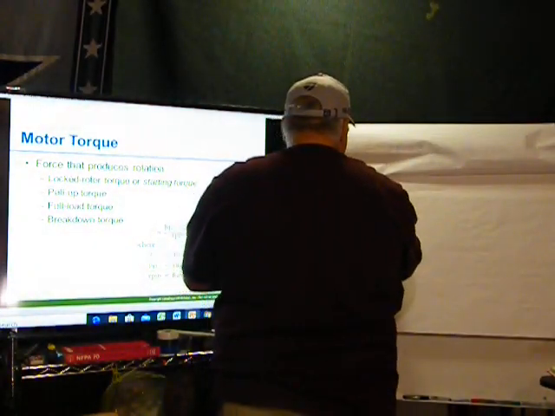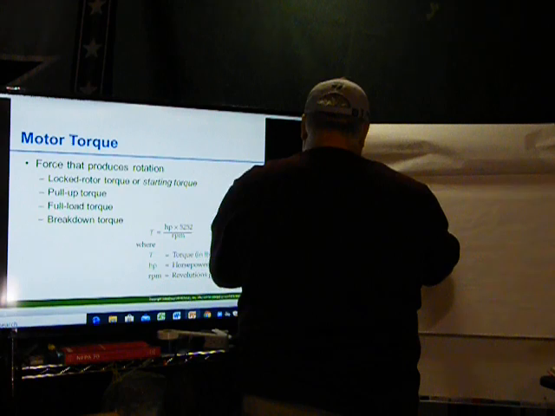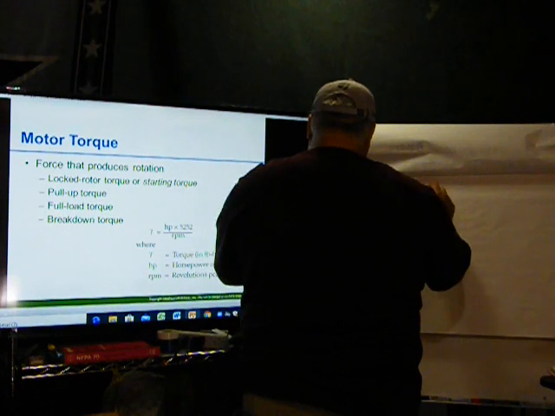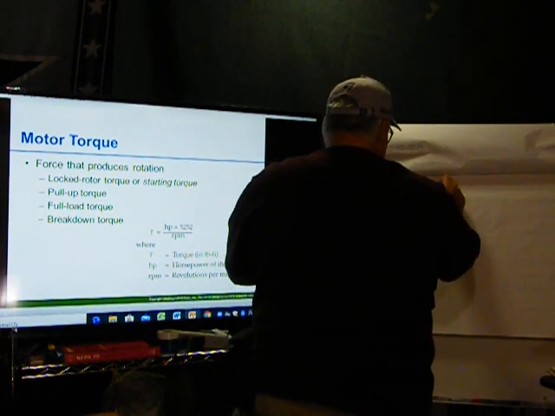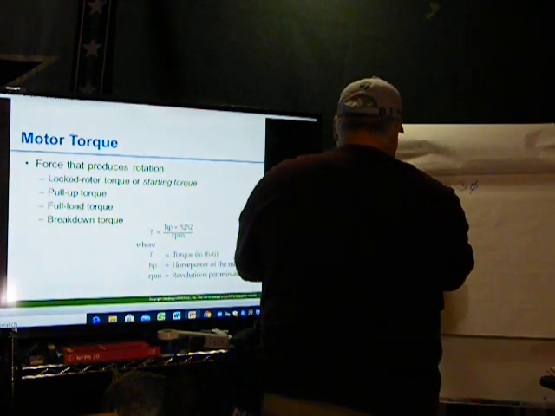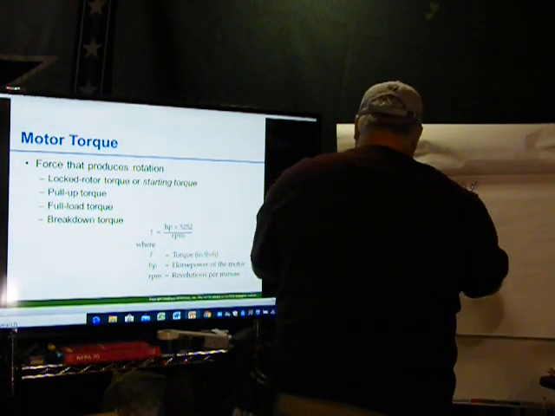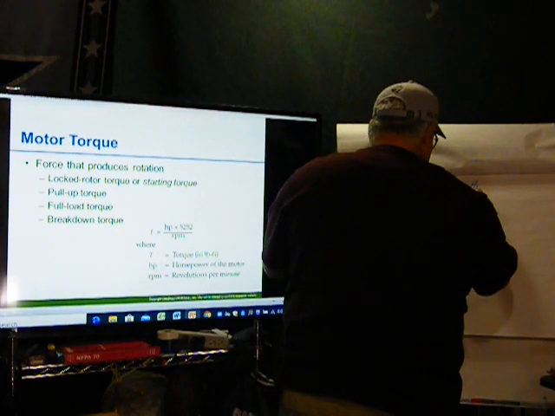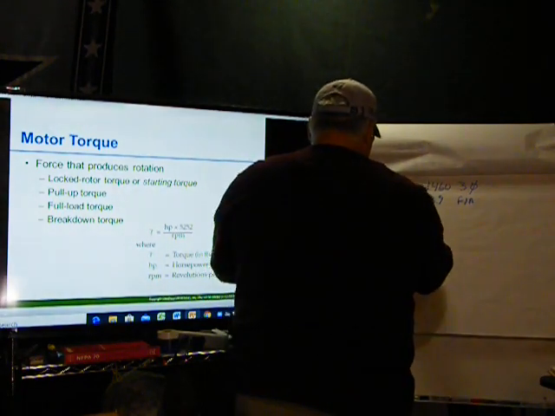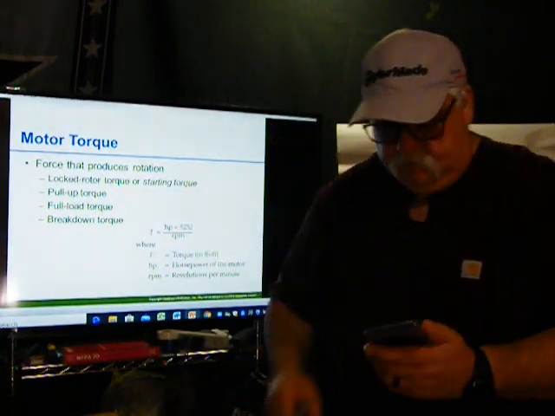Okay, I got a 3 horsepower, 230 volt or 460 volt, 3 phase, 7.8 and 3.9 FLA, and it has 1760 RPMs.